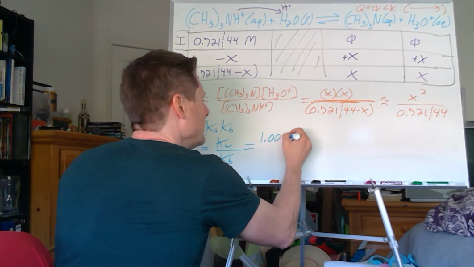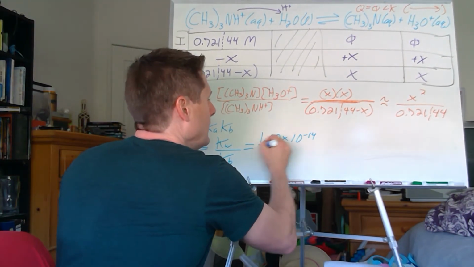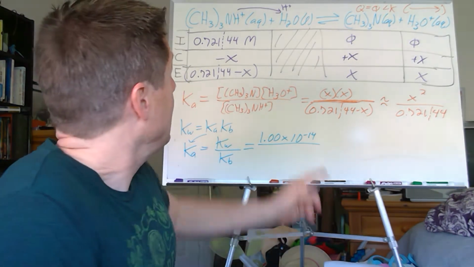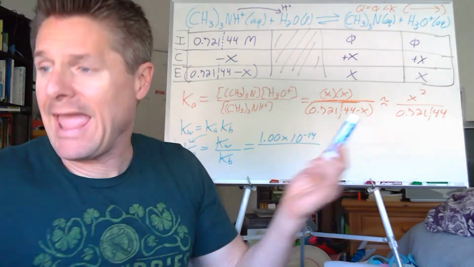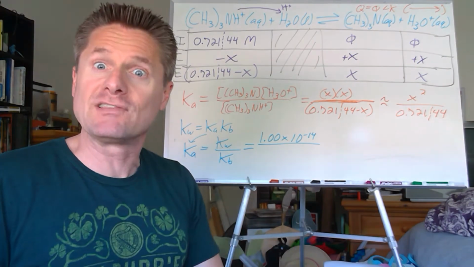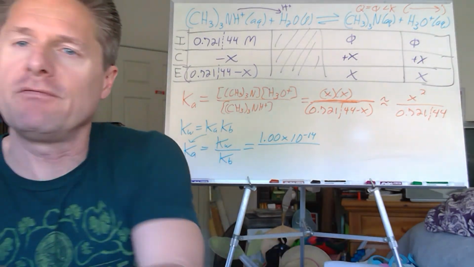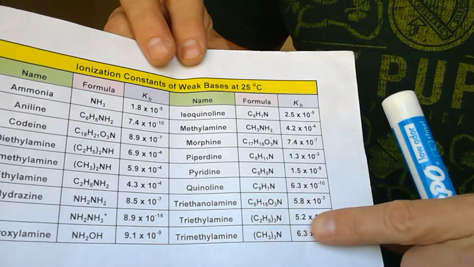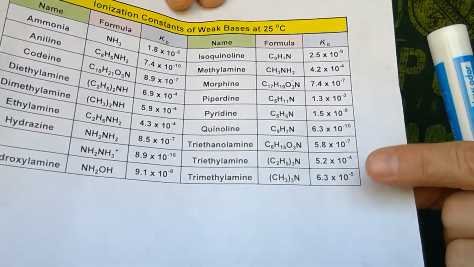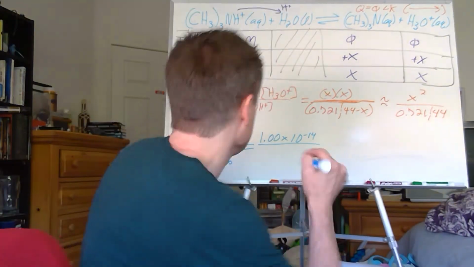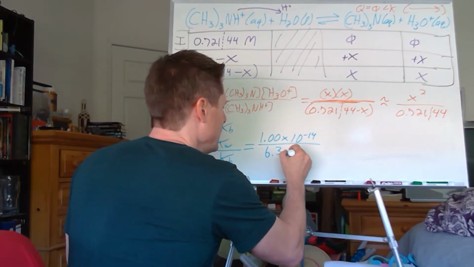So that's 1.00 times 10 to the minus 14. Kb for that, you've used it several times already, but if you panic, just go back to your base table. Remember the Kb, 6.3 times 10 to the minus 5. Right there.